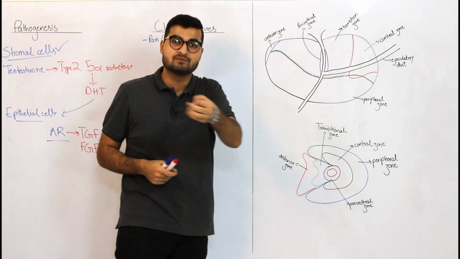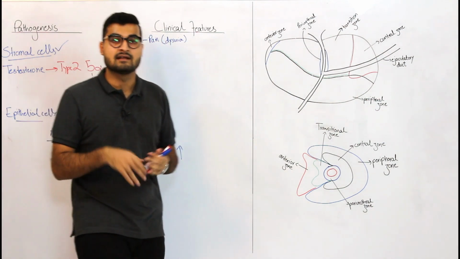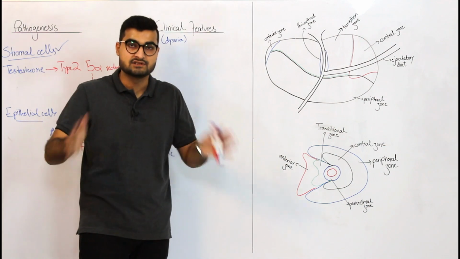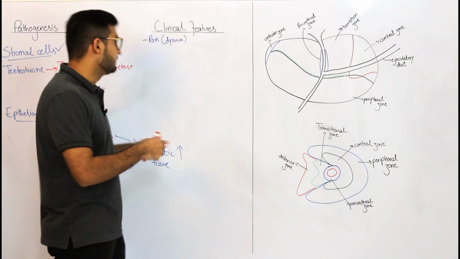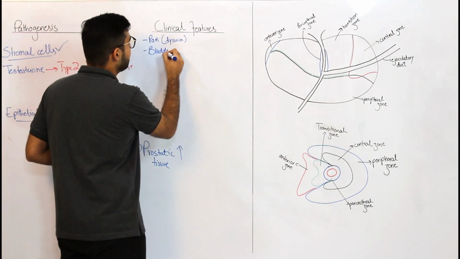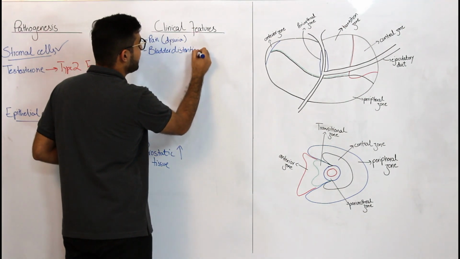Over here you have a small urethra due to increased prostatic tissue, so the bladder won't be able to empty itself. So you will have an increased size of your bladder, you will have distension of your bladder, and you will end up having a distended abdomen. So bladder distension. The patient's bladder is going to be full most of the time. They're going to say that I feel that my bladder is full.